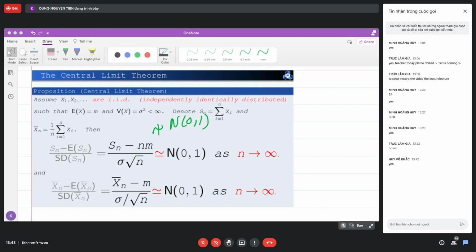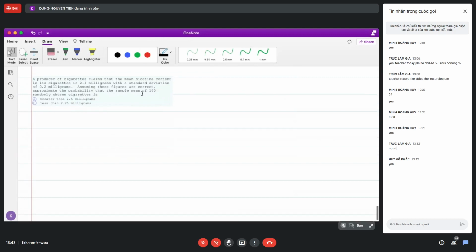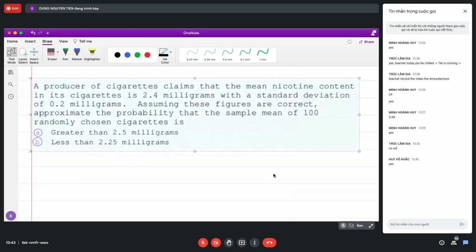Let's consider the following example. A producer of cigarettes claims that the mean nicotine content in its cigarettes is 2.4 milligrams, with a standard deviation of 0.2 milligrams.